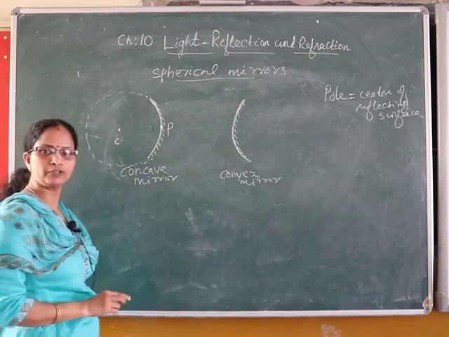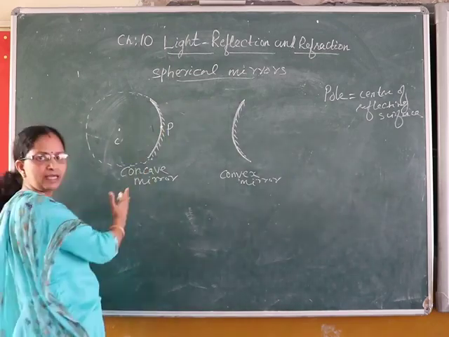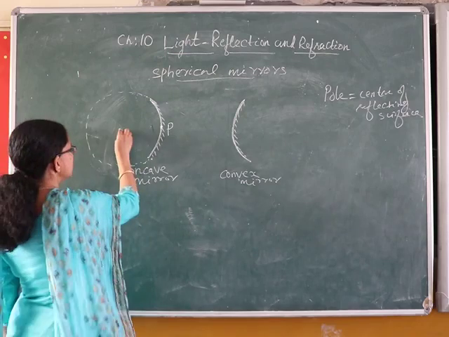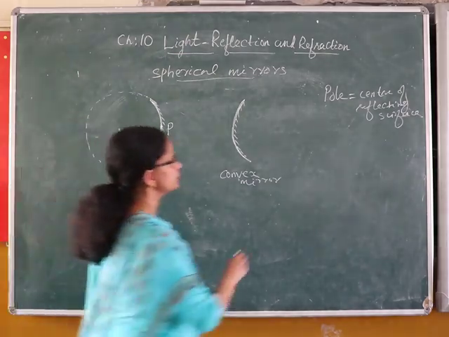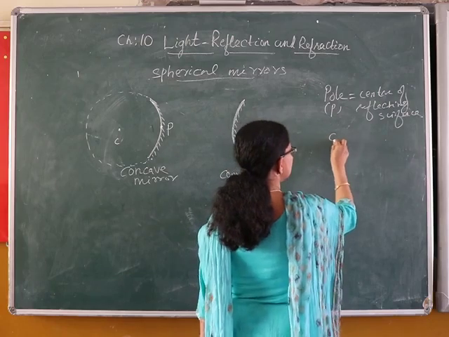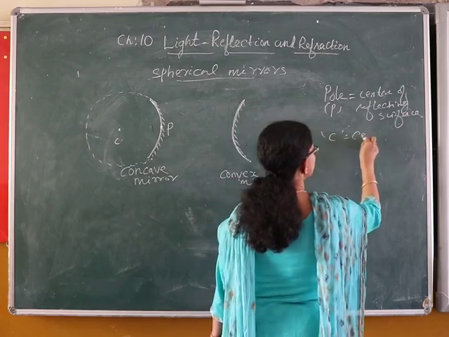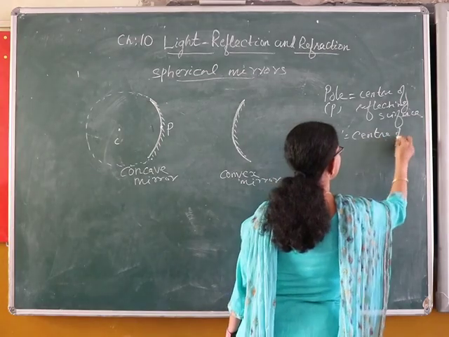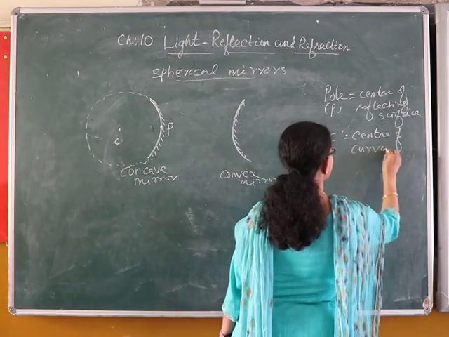The center of the sphere of which this mirror is a part is known as the center of curvature, C.